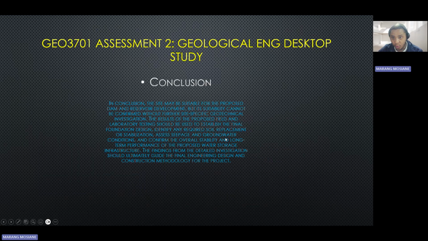All right, and then in conclusion of this matter, the site may be suitable for the proposed dam and reservoir development, but its suitability cannot be confirmed without further site-specific geotechnical investigations.